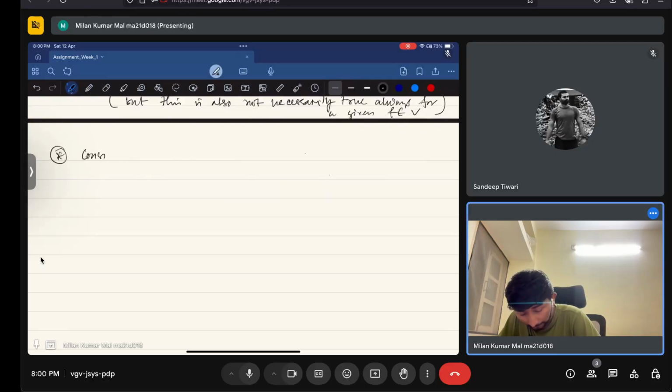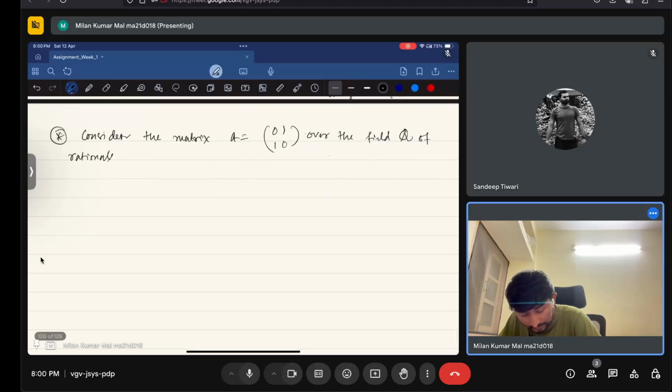Consider the matrix A equals to 0 1 1 0 over the field of rational numbers.